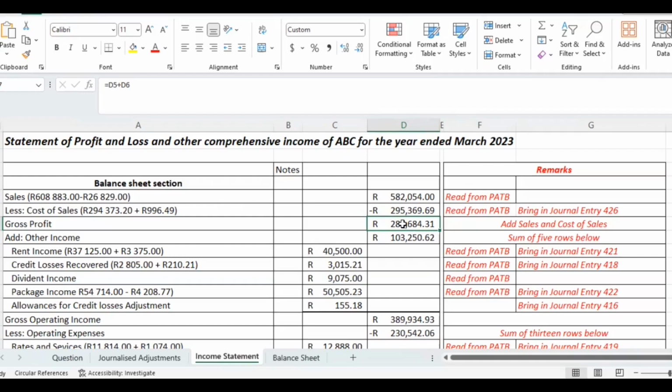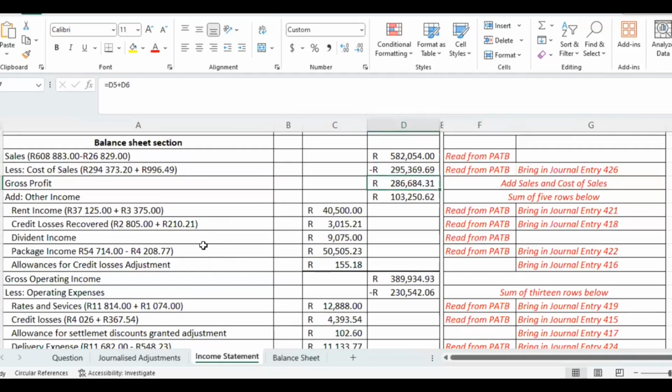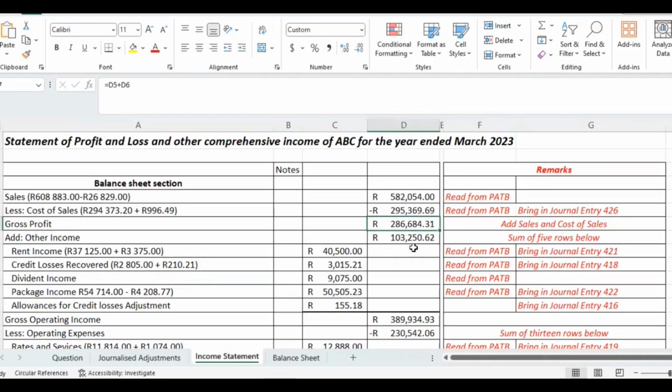Now that is wonderful. Now we have to calculate our other income. What you will see here is, in this column we have an amount, and this amount is derived from the amounts under it. So, like I said there, it is the sum of the rows below. Firstly, we have the rental income.